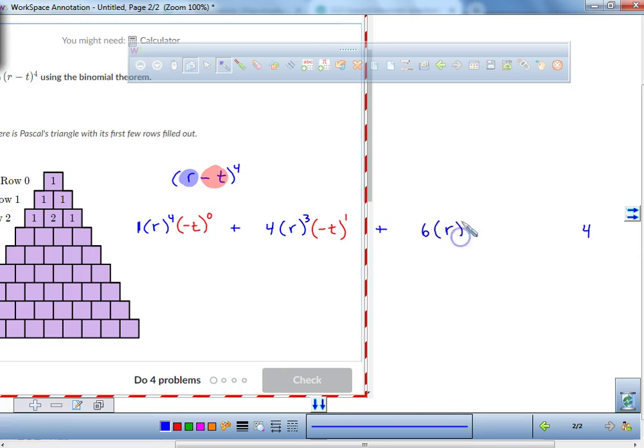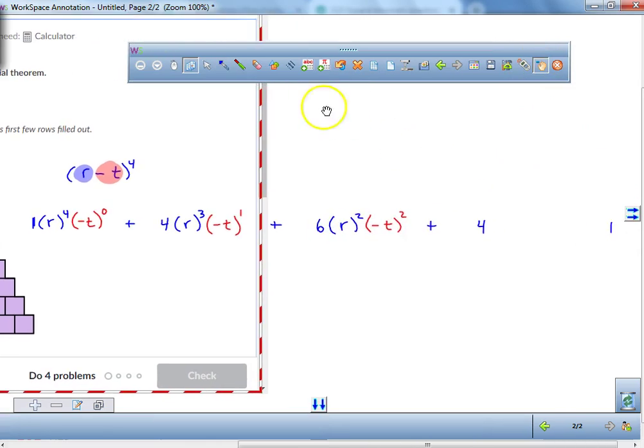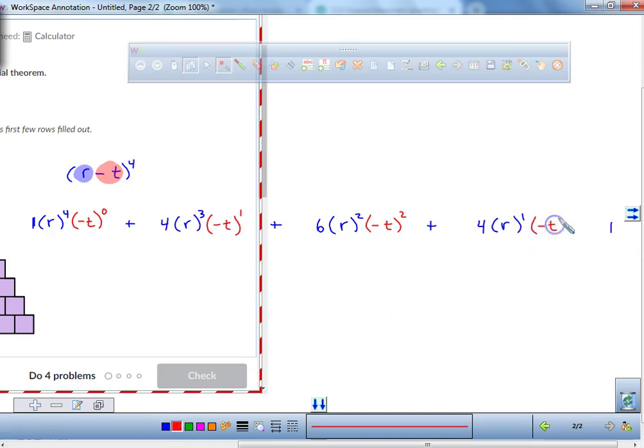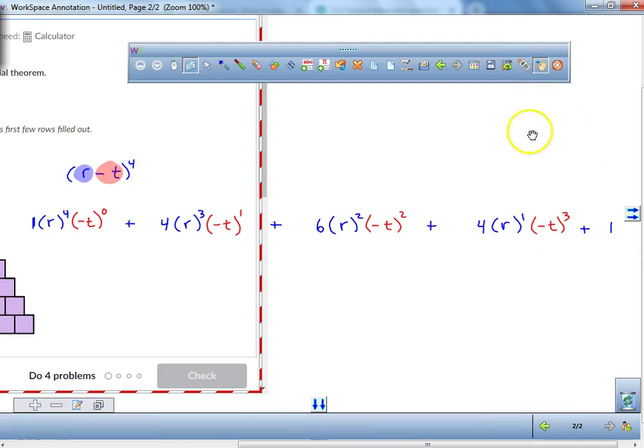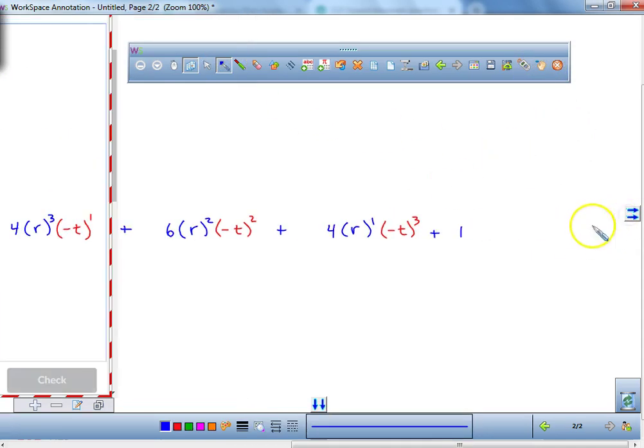I'm going to do r squared, negative t squared, plus r to the first, negative t to the power of 3, plus, and lastly we have r to the power of 0 and negative t to the power of 4.